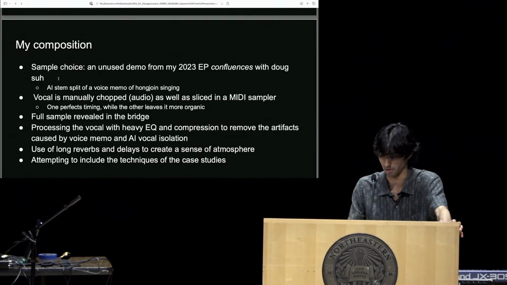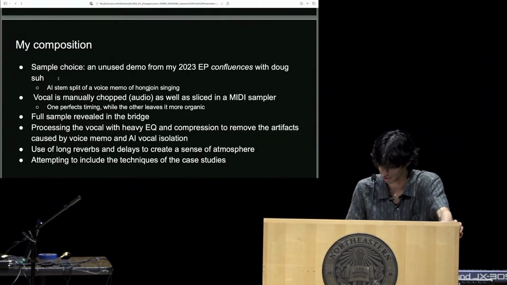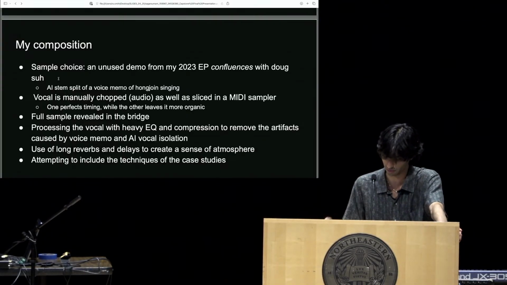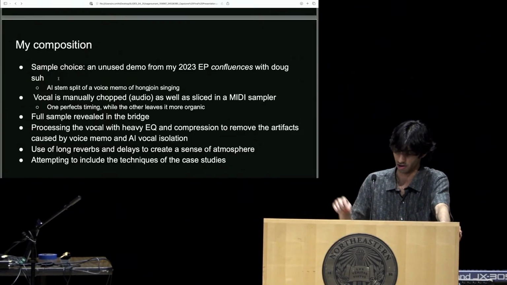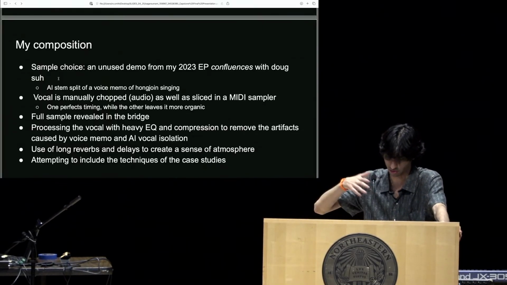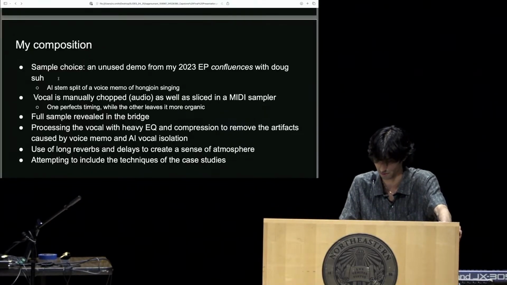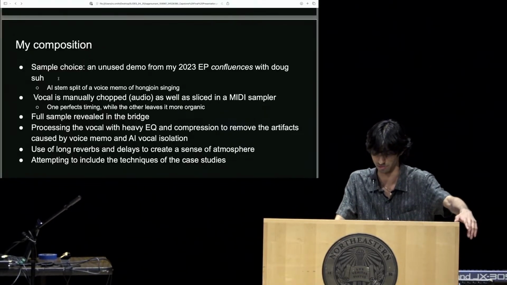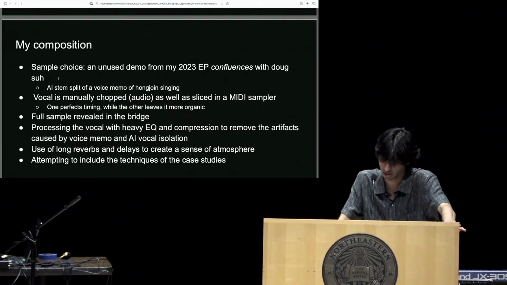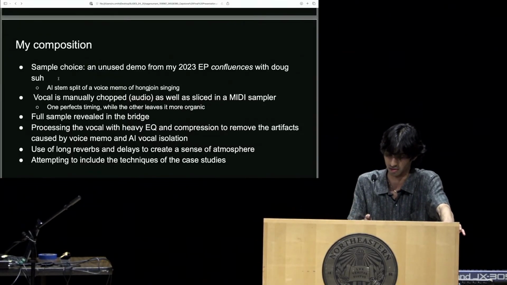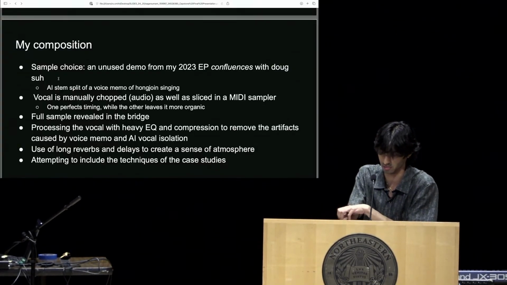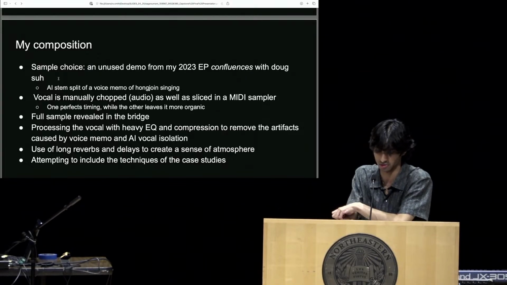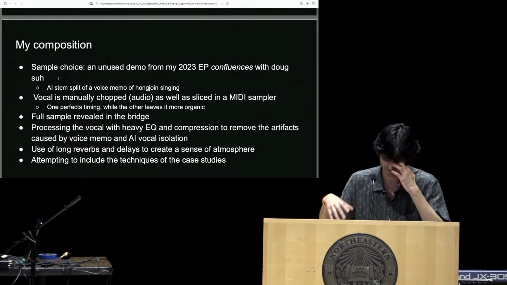But when I was working on this composition, a lot of my workflow is making an instrumental, and then I'll search in Ableton for vocal, acapella, vox, anything of that sort, and cycle through samples to see what works best. So I saw that I had the AI stem split vocal from Join, and I manually chopped it as well as used a MIDI sampler so that I had both techniques.